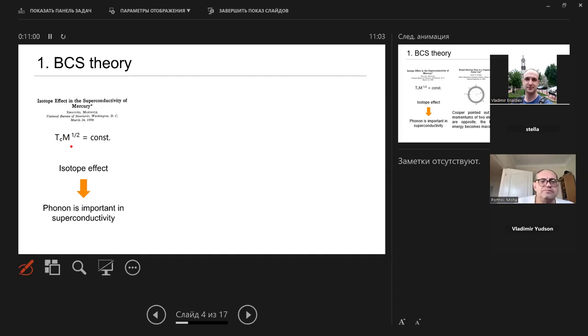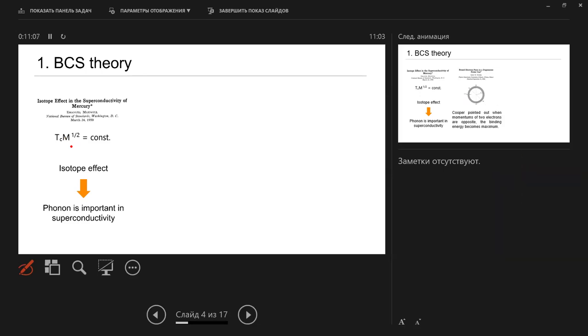It means that the atom mass has an impact on the critical temperature, and what is related to the atom mass is the phonon, because the lattice vibration frequency is directly related to the atom mass.